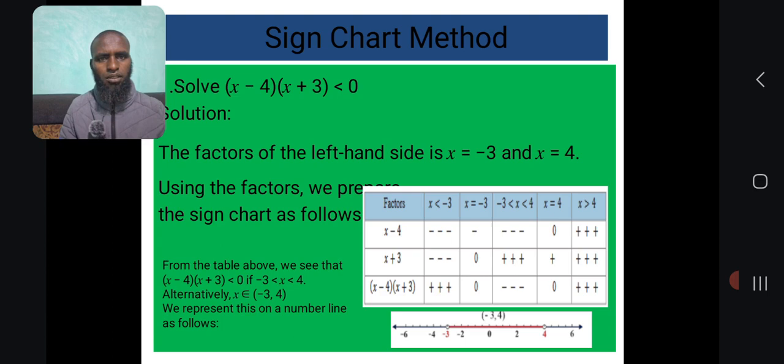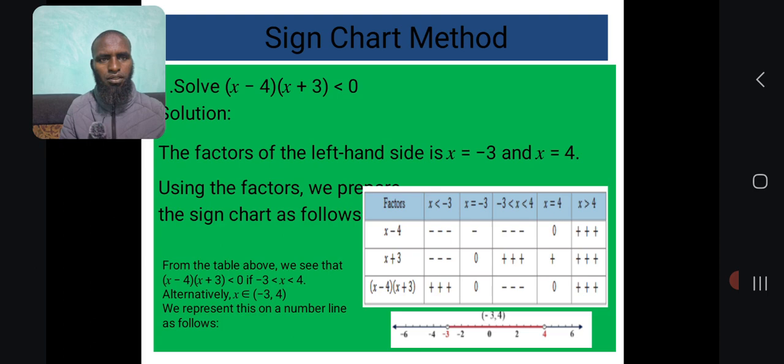Here from the table we see that (x minus 4)(x plus 3) is less than 0 if minus 3 is less than x less than 4. In the row of x minus 4, up to x equals 4, all substitutions give us negative.